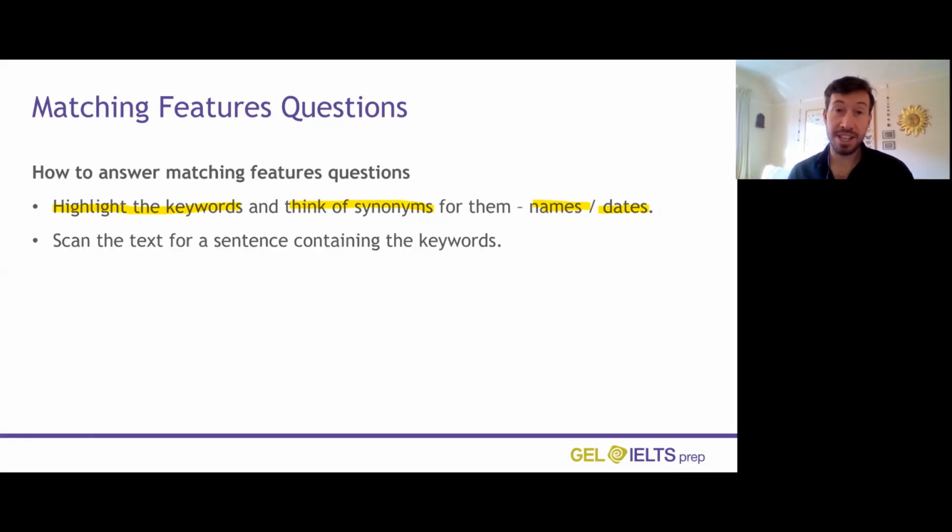After you've highlighted and thought of synonyms, you need to scan the text for a sentence containing the keywords. Again, this is really similar so far to the short answer questions. And then once you've found that sentence or that part of the text that contains the keywords, you need to read it carefully to check that it's the correct answer.